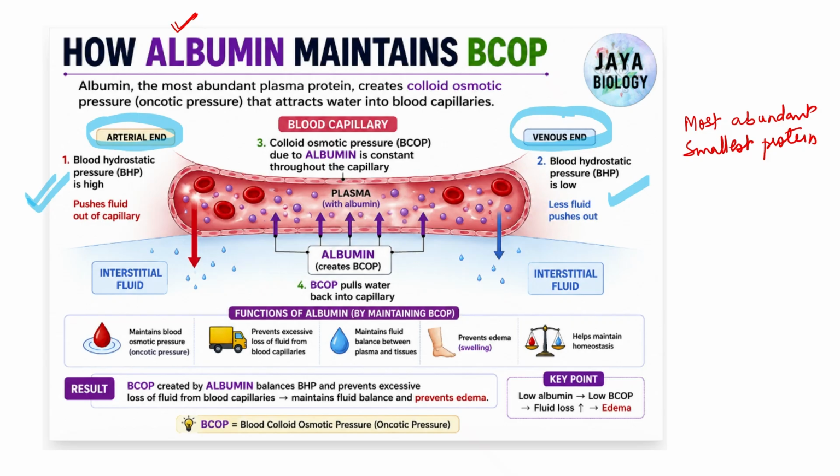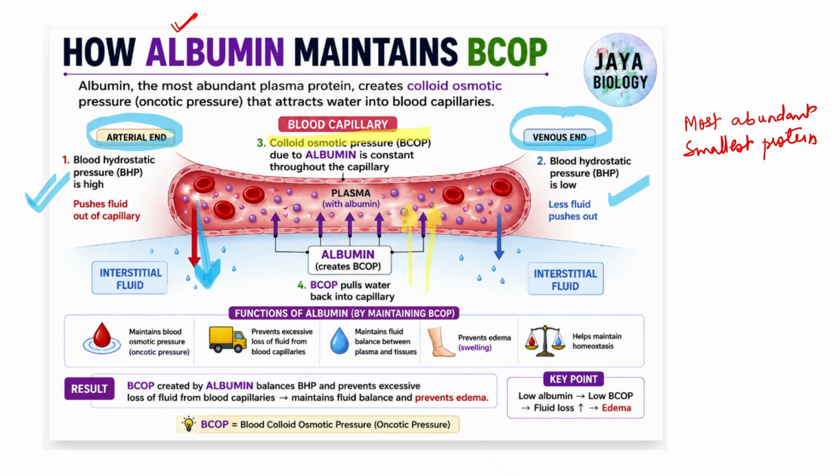Because of high hydrostatic pressure, the blood plasma is forced out into the interstitial space. Now the albumin proteins are creating colloidal osmotic pressure, and because of that you can see the water is pulled back into the capillary.